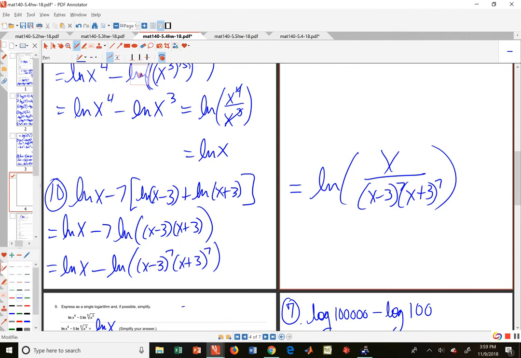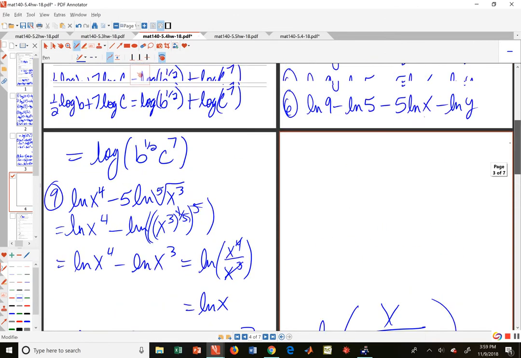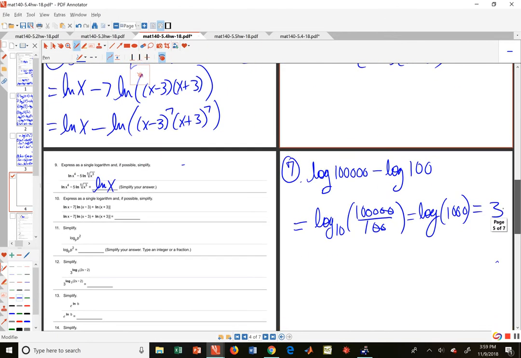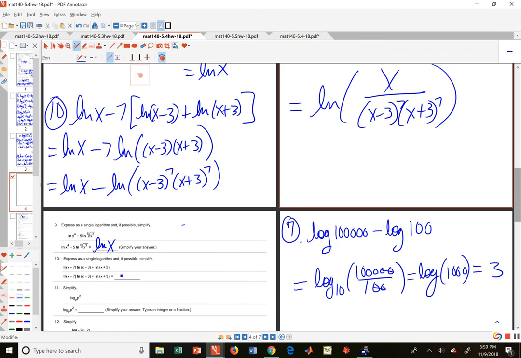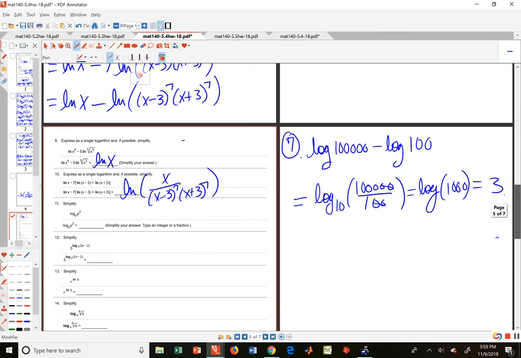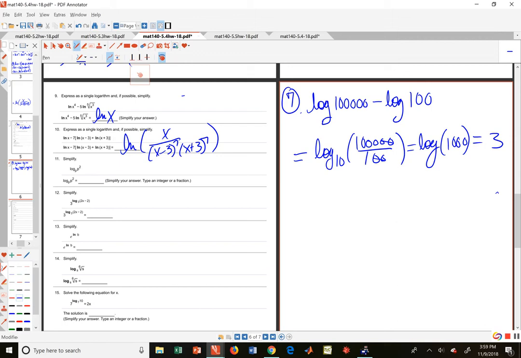And there's our final answer on number 10, again a little lengthy: the ln of x divided by x minus 3 to the 7, x plus 3 to the 7. And the answers are at the end of this file, so if you ever want to see how you're doing, just check that out.